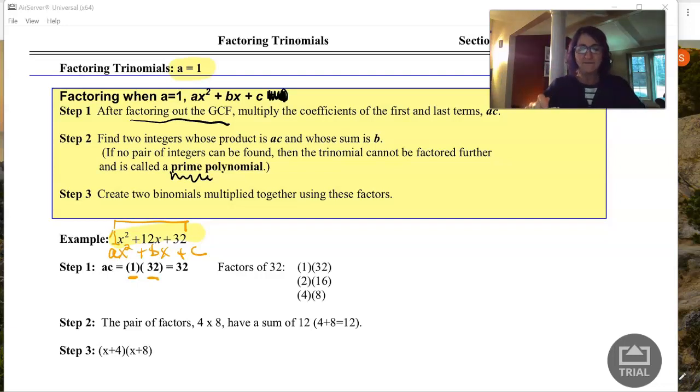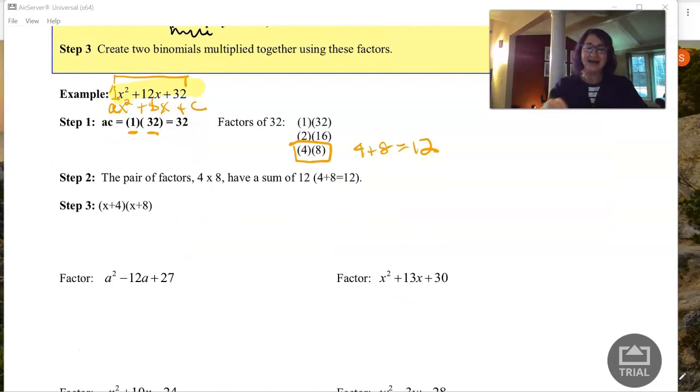So the pair of factors 4 times 8 also can be added to equal 12, which is our B term. All right, so now I take those factors 4 and 8, and then you can create 2 binomials using those factors, x plus 4, x plus 8.